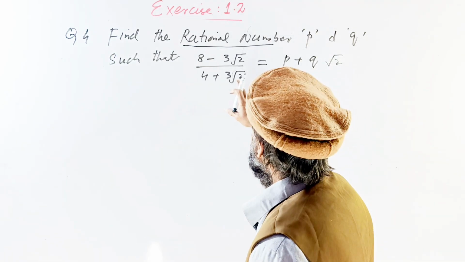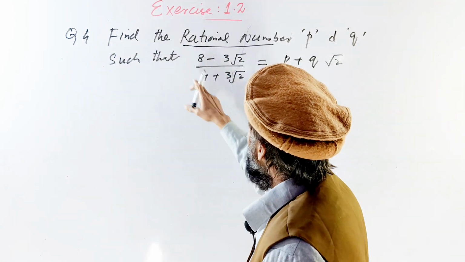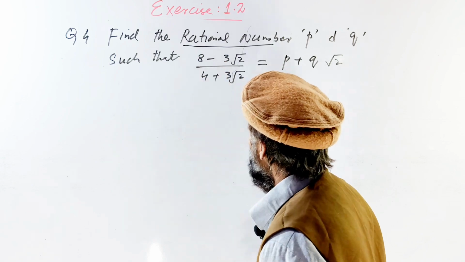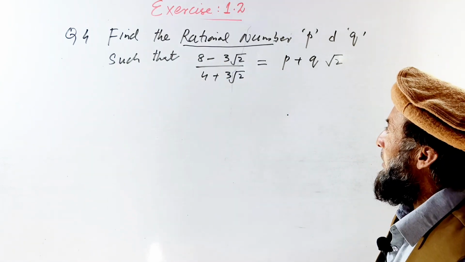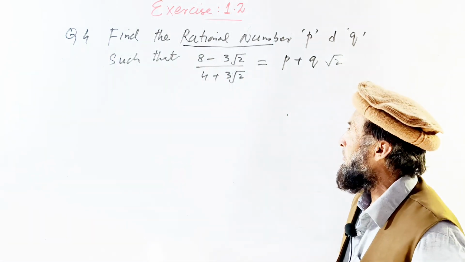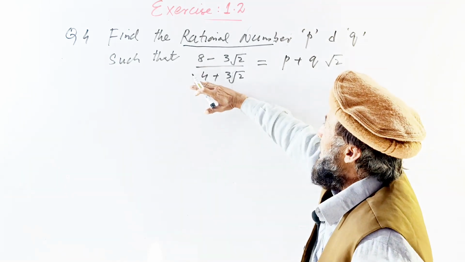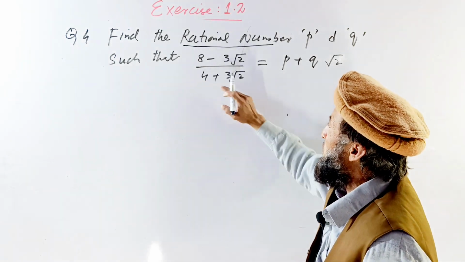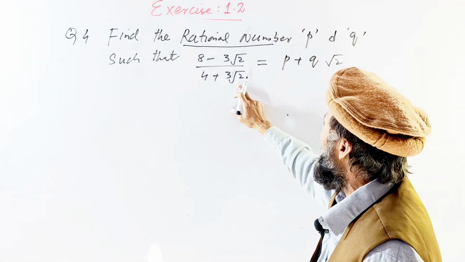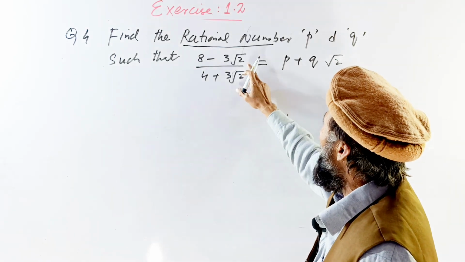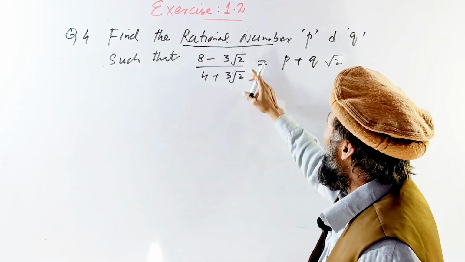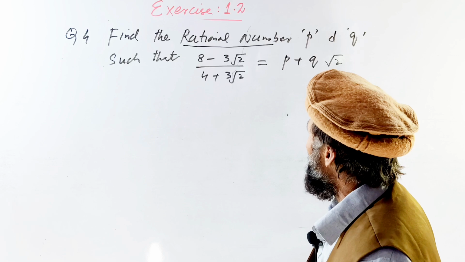Look here, it is the rationalization form. As we have already discussed in question number 1, first of all we try to remove the square root from the denominator term. So we multiply and divide by the conjugate of this term.